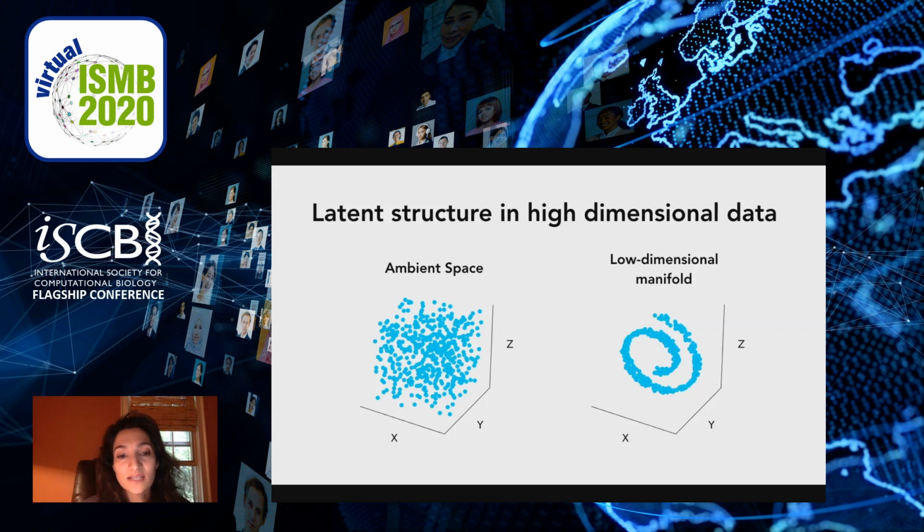Because the features are all correlated or informationally redundant with one another, the degrees of freedom are very curtailed for viable biological entities. If we learn the shape of this lower dimensional space where the data lives, or the data manifold, then we can address a lot of the challenges that we have.